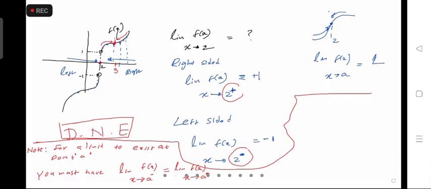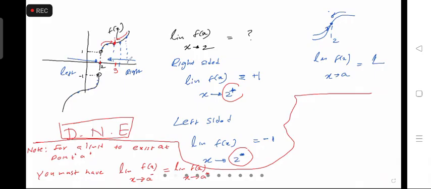So the idea is that whether a limit exists or not, you can define, that means you can find the limits of the same function at different points, but at some points it might have a limit and at some points it might not have a limit. That is, it does not exist.